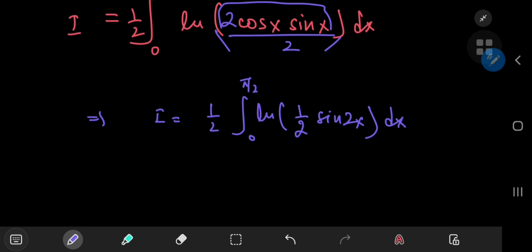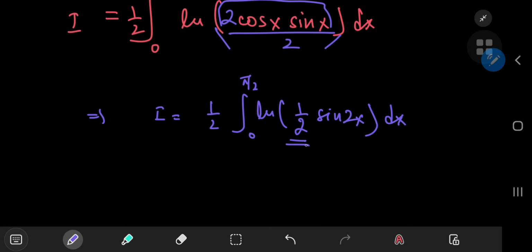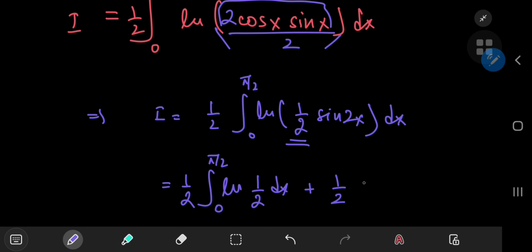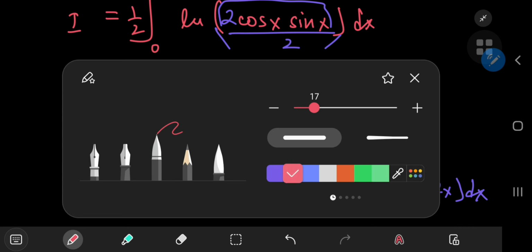And what I can do here is separate this 1 by 2 again by using the properties of the natural logarithm. So I have 1 by 2 times the integral from 0 to pi by 2 of the natural log of 1/2 plus 1/2 times the integral from 0 to pi by 2 of the natural log of sine 2x, where we've made use of the fact that the natural log of a product equals the sum of their individual logarithms.